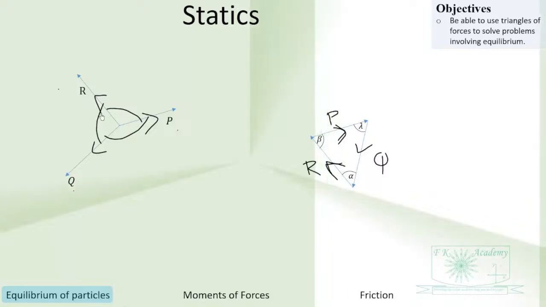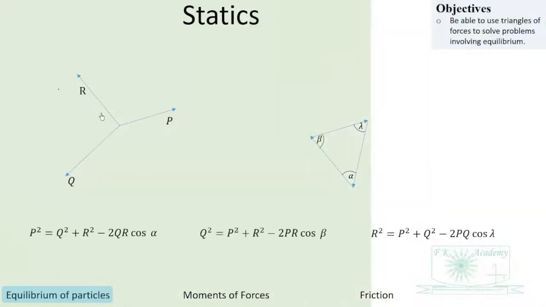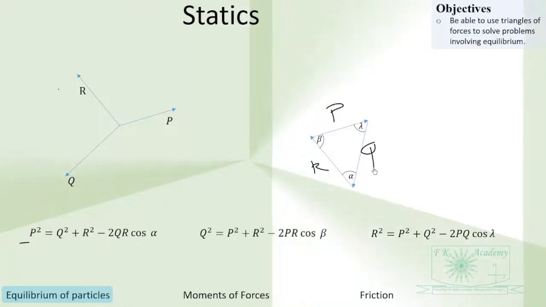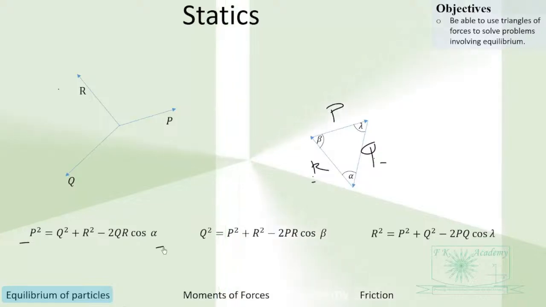So we can use the cosine rule to solve the missing values. So this is P, this is R, and this is Q. So P squared will be equal to Q squared plus R squared minus 2QR cos alpha.